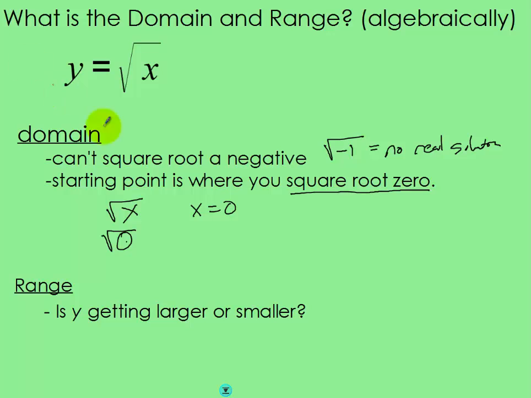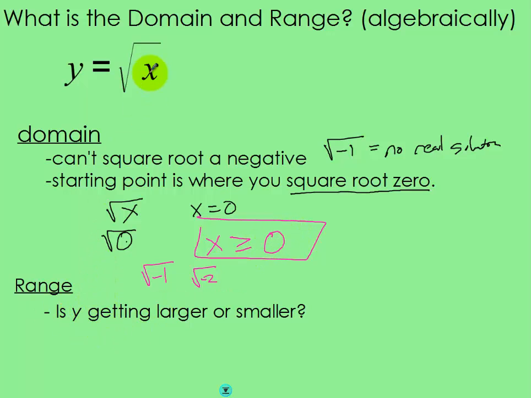So my domain, which again is all my x values, is x is greater than or equal to 0, because if you plugged in bigger values for x, those would exist. If I tried to plug in negative values for x, like -1 or -2, you can't square root a negative number. So it has to be all x values that are bigger than 0 and 0. The range.